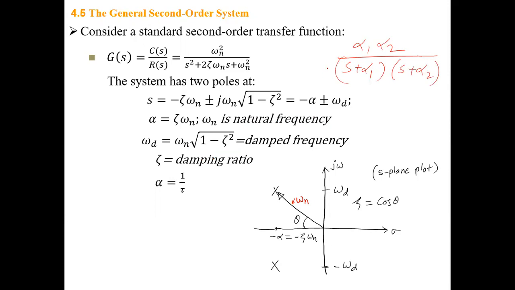Now I'm going to do the second order again by considering a slightly different transfer function. So now my transfer function is this. You have S squared here, S here, and everything else is constant.